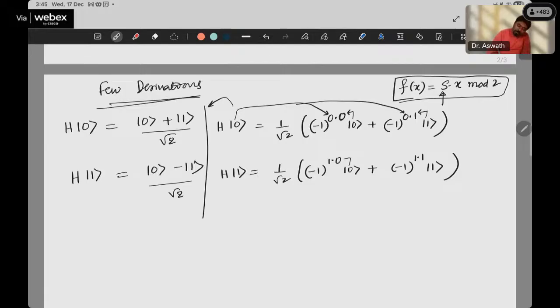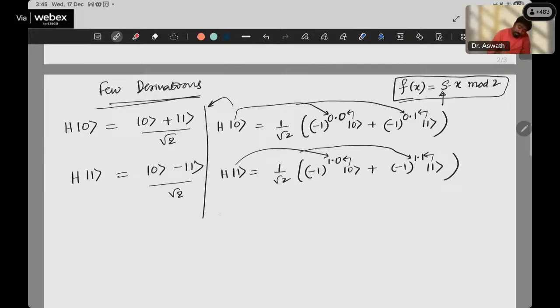Same here, the right 0 comes from the kets, the left 0 comes from here. Now it makes sense.